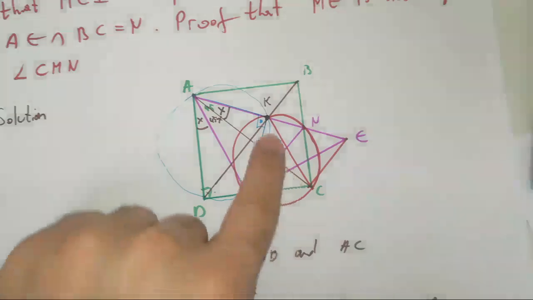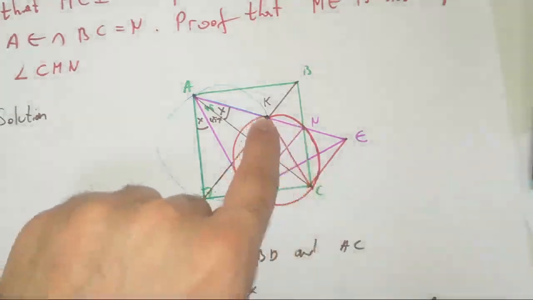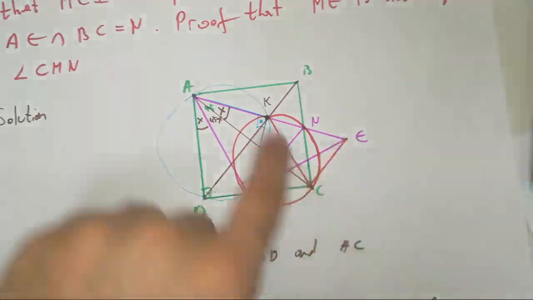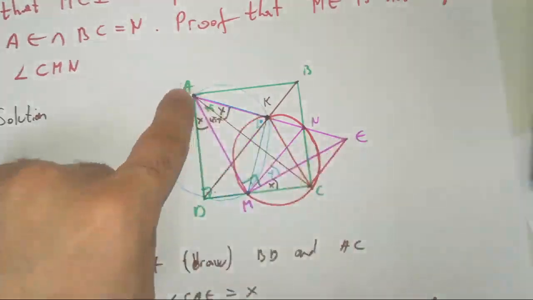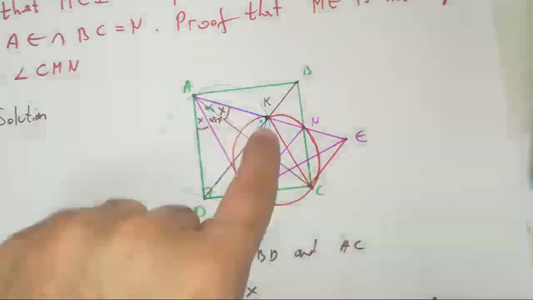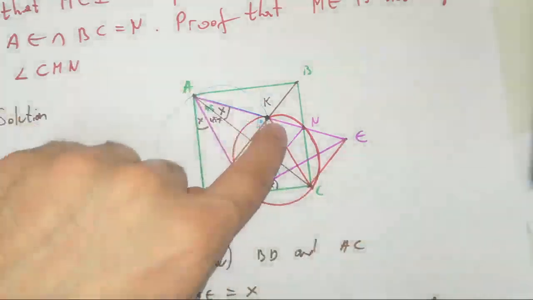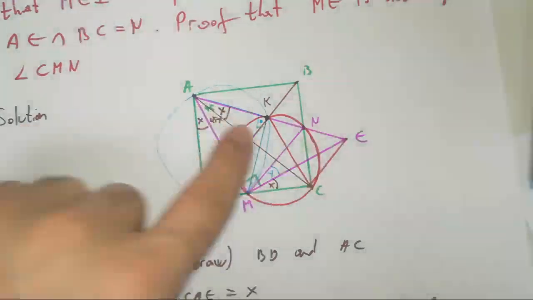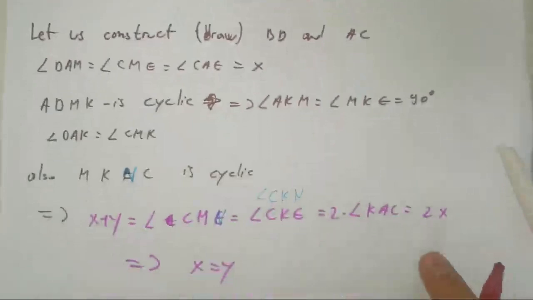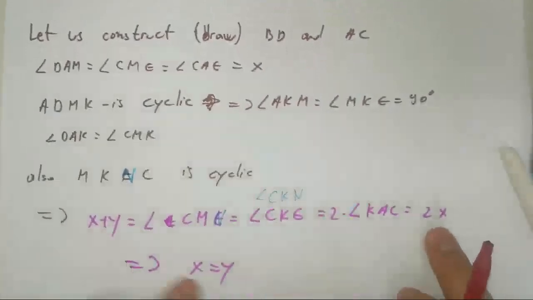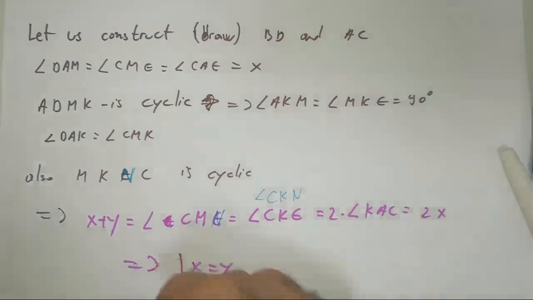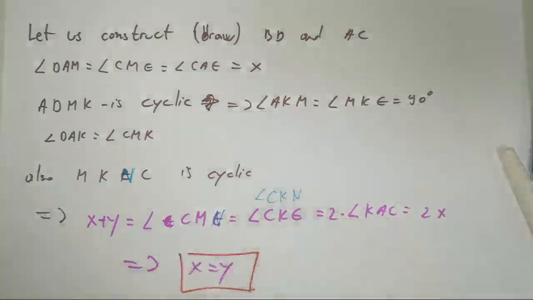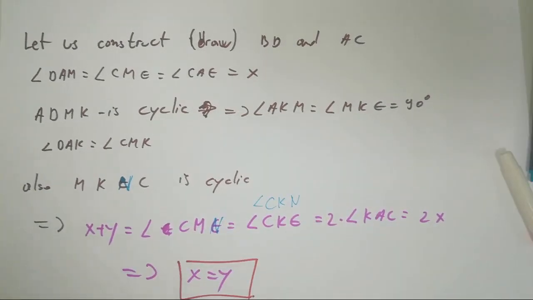So it means that KCE is the central angle of this big triangle here, and this is the peripheric angle. If this is, let's say, 2 alpha, this should be alpha. So it means that this angle here is 2x. From the equation x plus y is 2x, it means that x is y. And we proved that those two angles are equal.